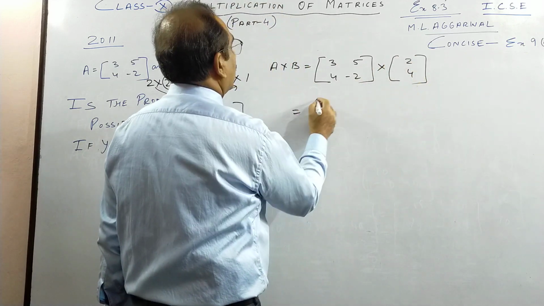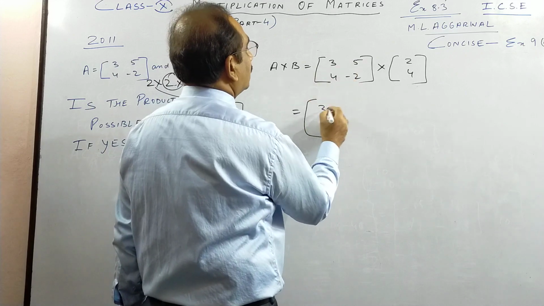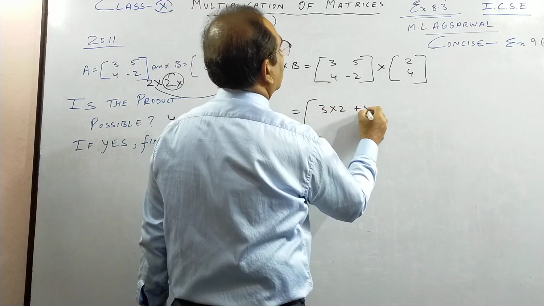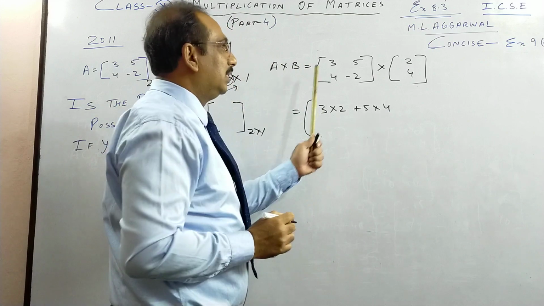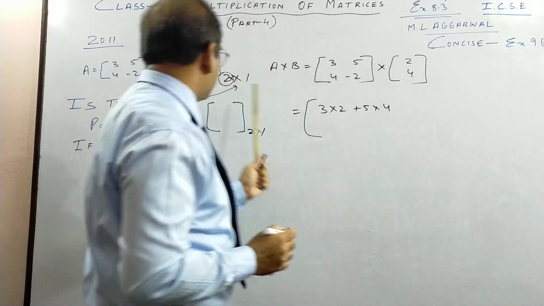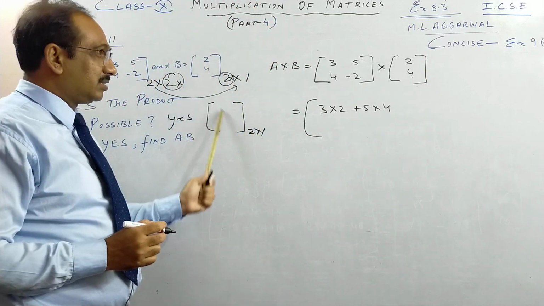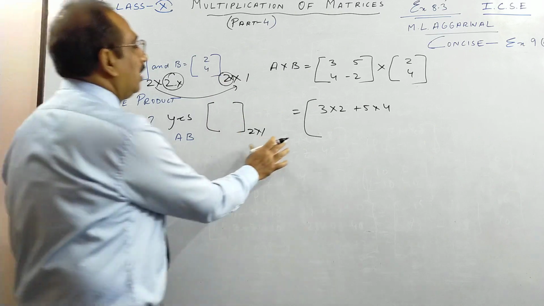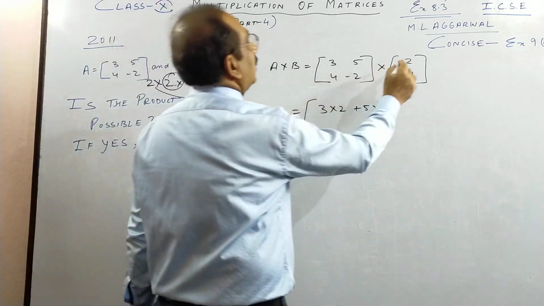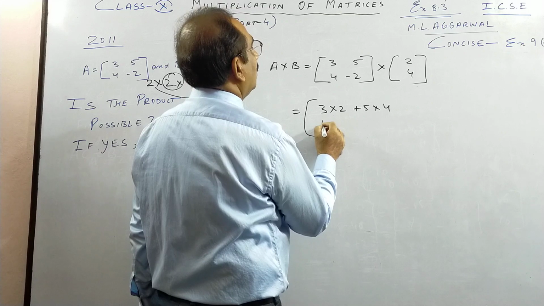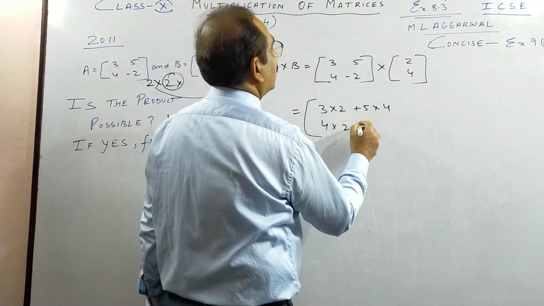So see how we get first row, first column. There is no first row, second column, because the answer will be a 2 by 1 matrix: first row, first column, and second row, first column.